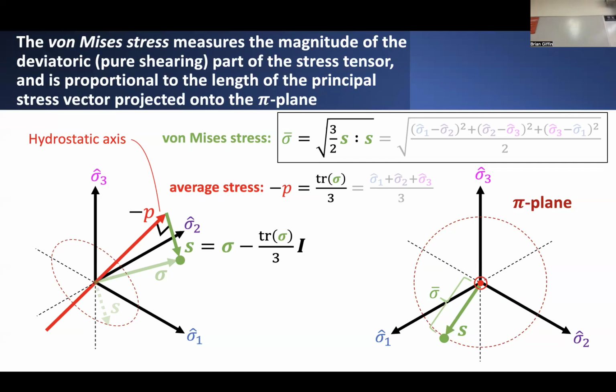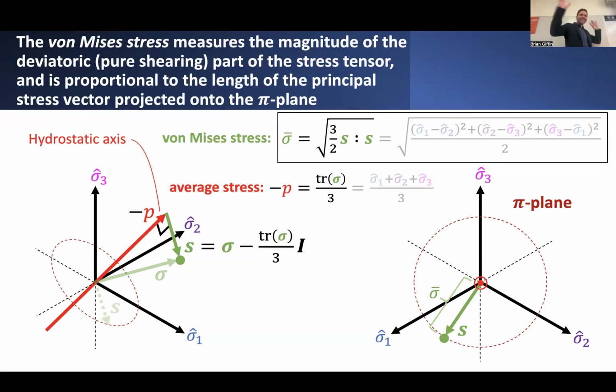We can define that norm as something that's sometimes referred to as the von Mises stress. It is specifically the apparent length of the deviatoric stress vector defined relative to this projected pi plane in principal stress space.